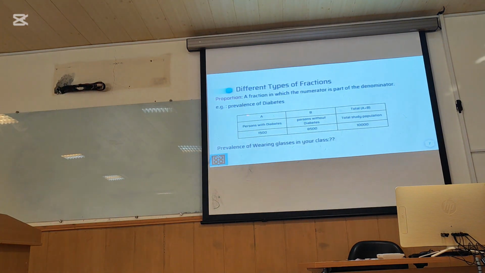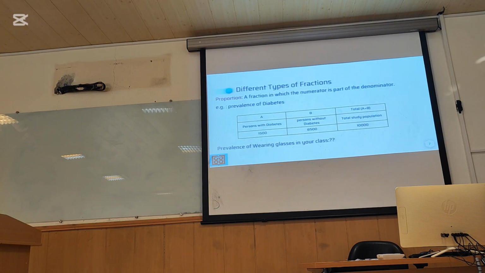What is the prevalence of diabetes? 1,500 divided by 10,000, and you can multiply it by a specific number, for example, as a percent, etc. Okay.